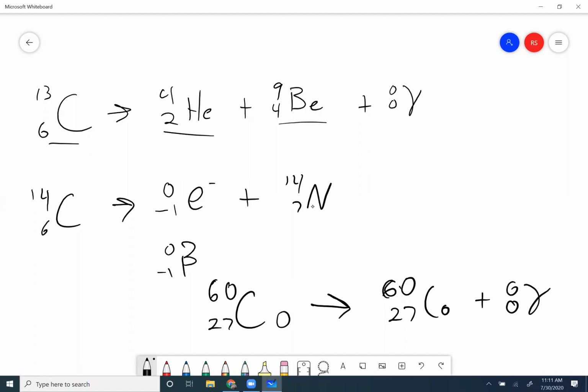So those are the 3 basic types of decay: alpha, beta, gamma. Alpha is the weakest as far as penetrating power. It's still dangerous. It's not like you can just ignore it. It causes cancer in your lungs when you breathe it. It also causes thyroid cancer in your thyroid when you eat radioactive iodine.